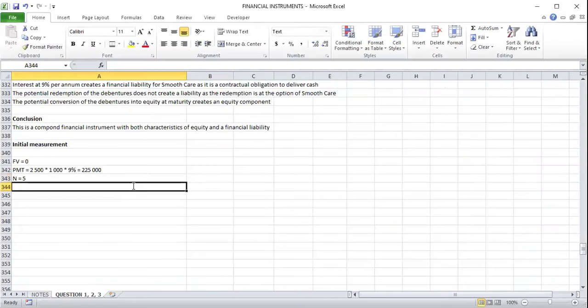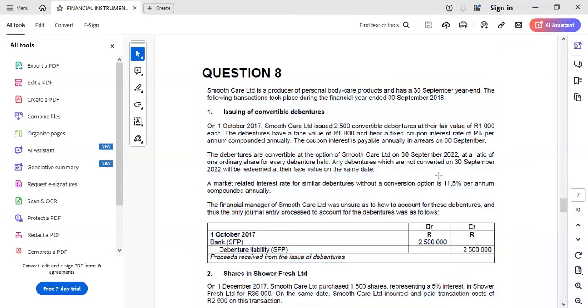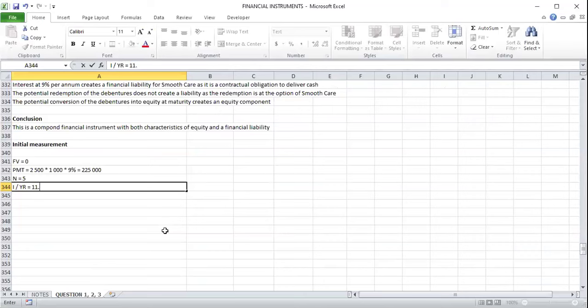Right. Then interest, that's the interest on similar debentures without a conversion option. A market-related interest rate for similar debentures without a conversion option is 11.5%. Right. Then we'll have our PV.